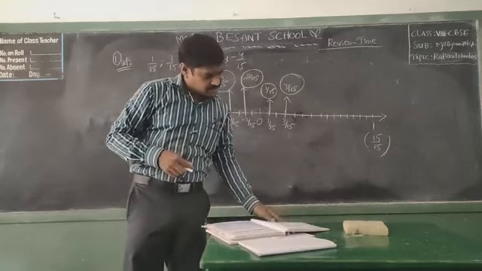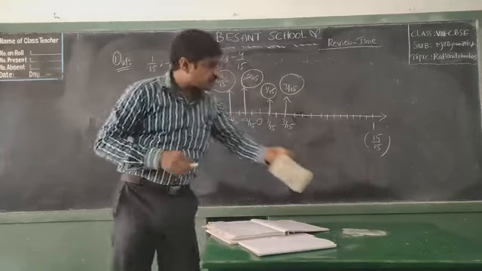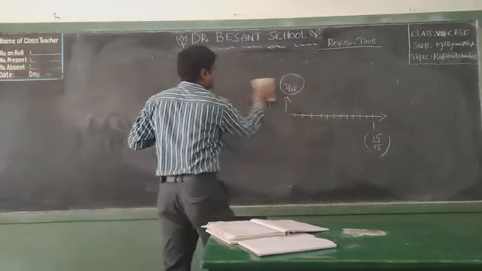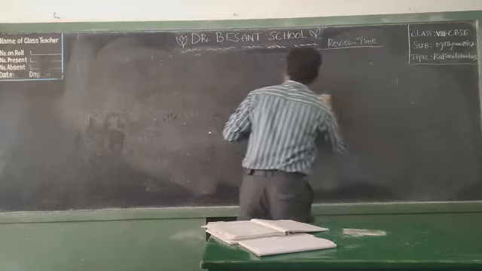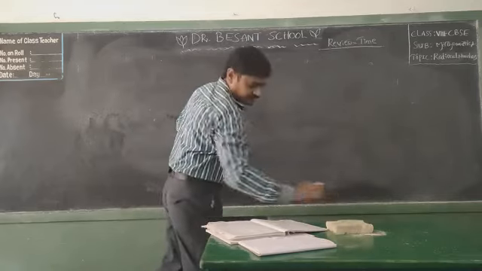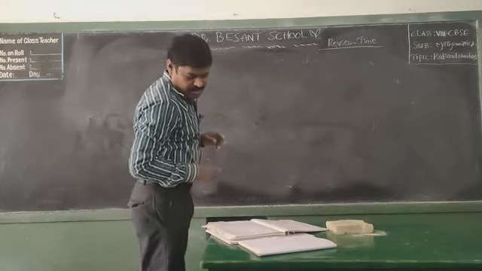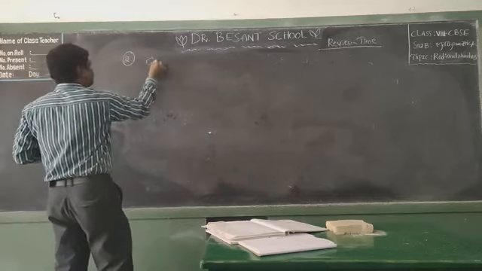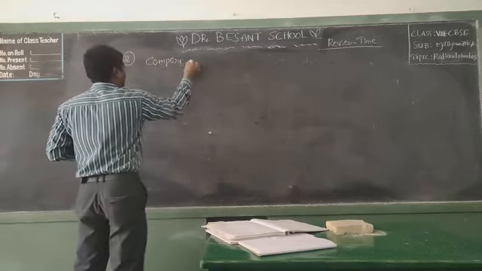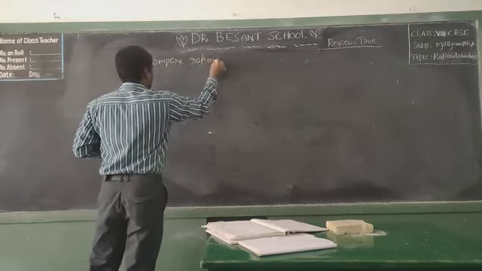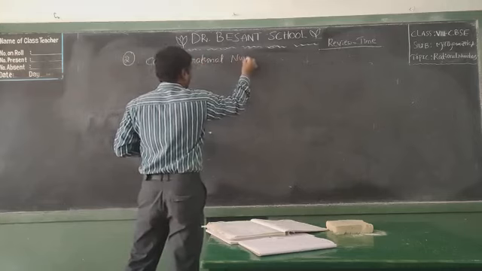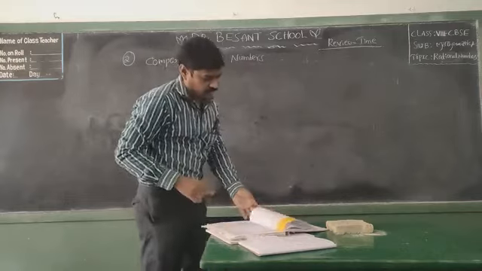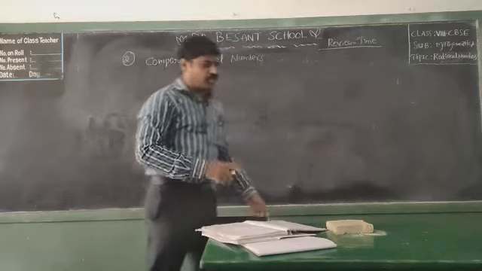Next, compare the following rational numbers. How to compare the rational numbers? See, compare rational numbers 3 by 4 and 6 by 7.